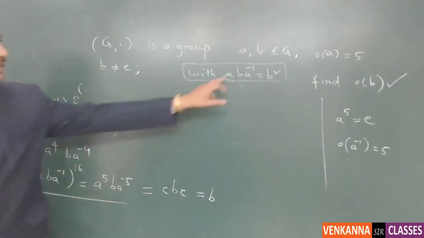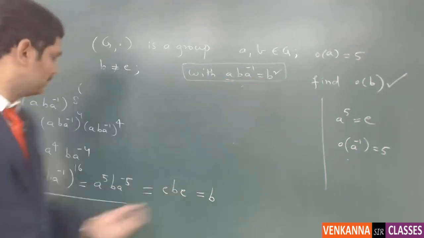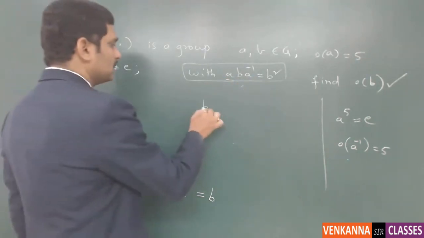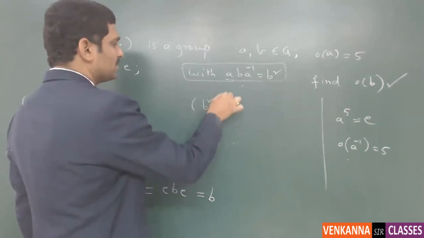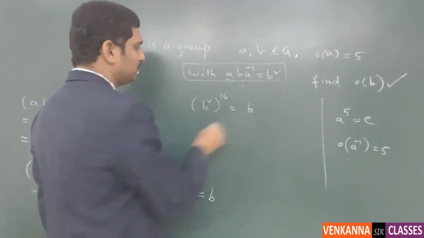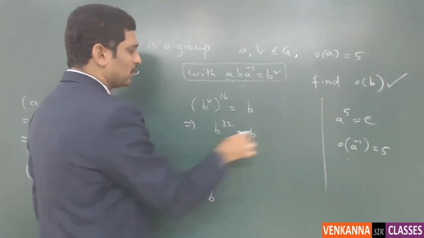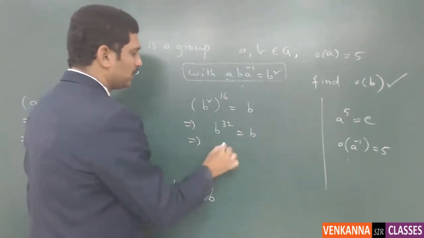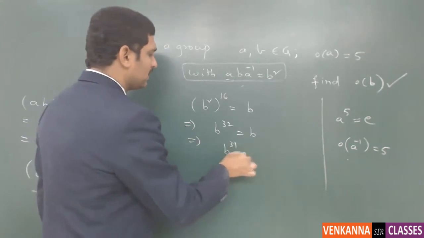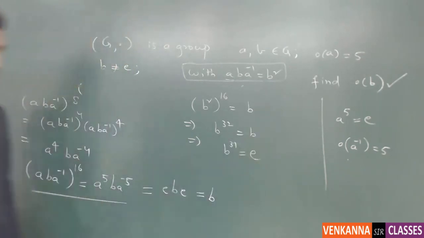So this part is nothing but b square. So if you substitute here, b square whole power 16 is equal to b, which implies b power 32 is equal to b. Cancelling b, you can say that b power 31 is equal to identity.